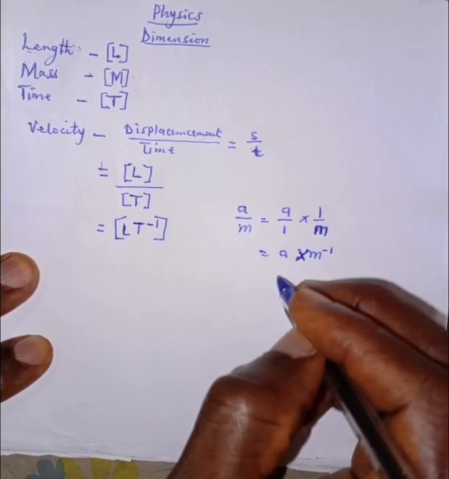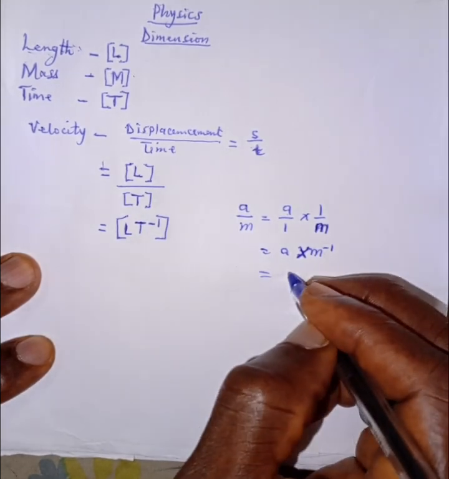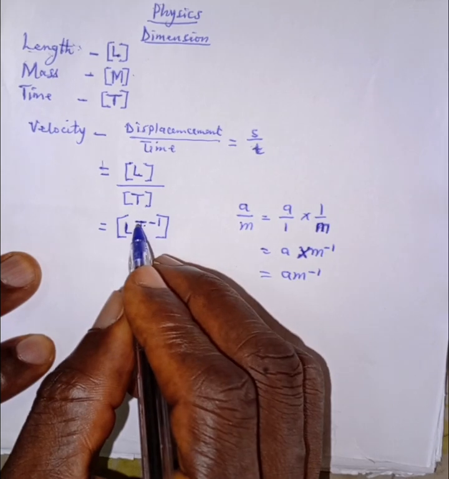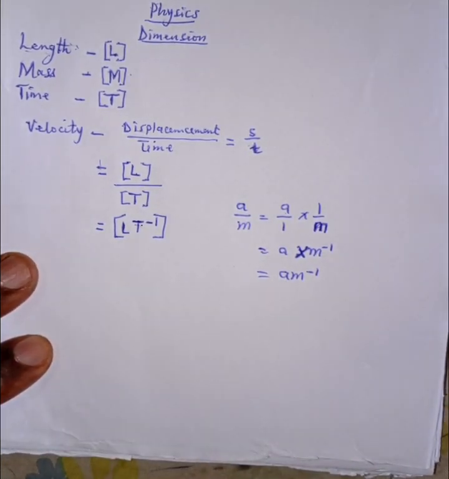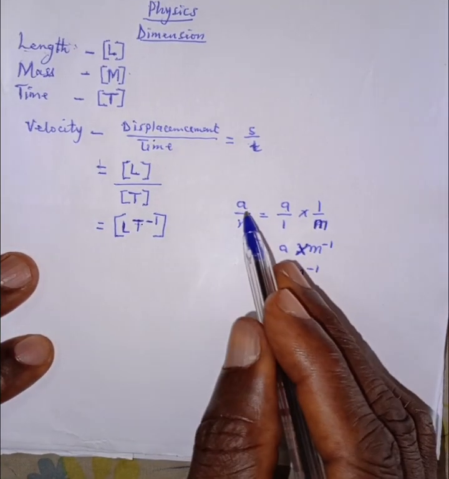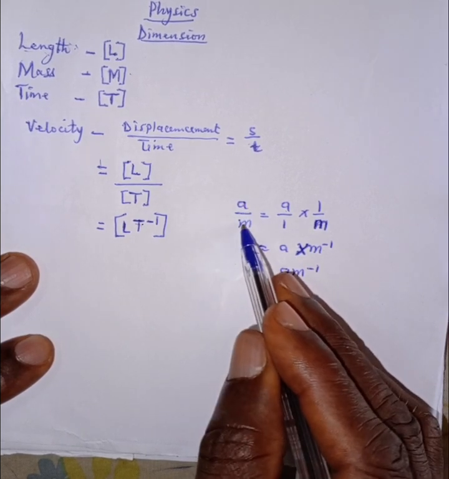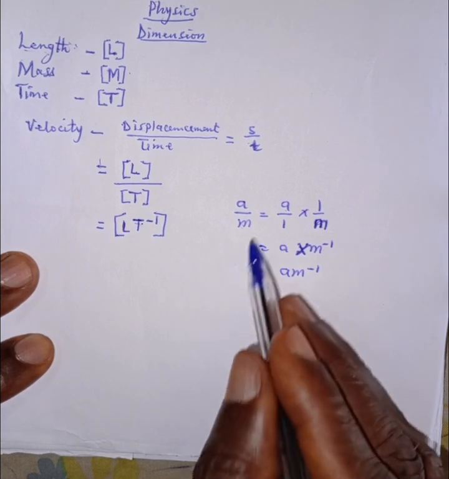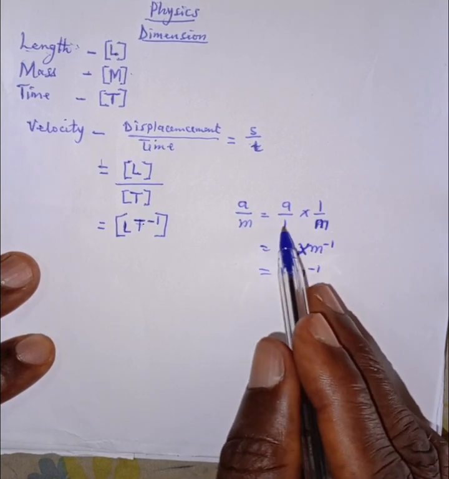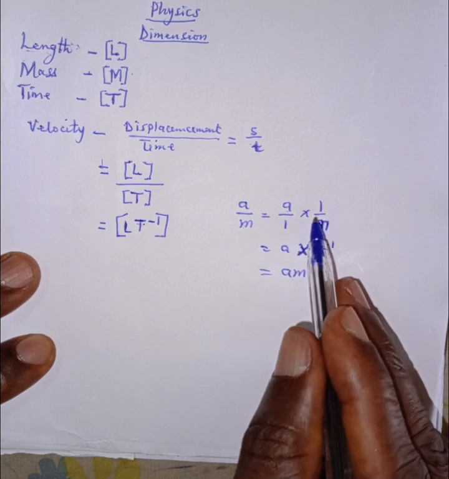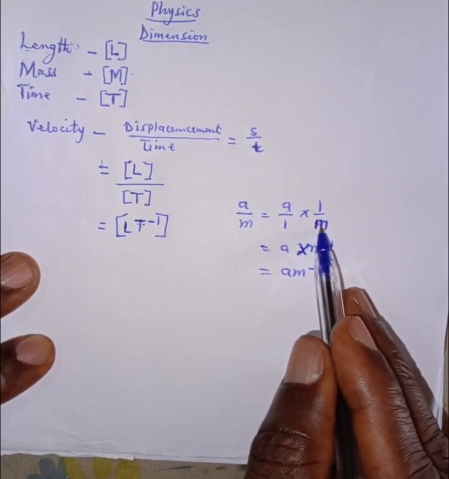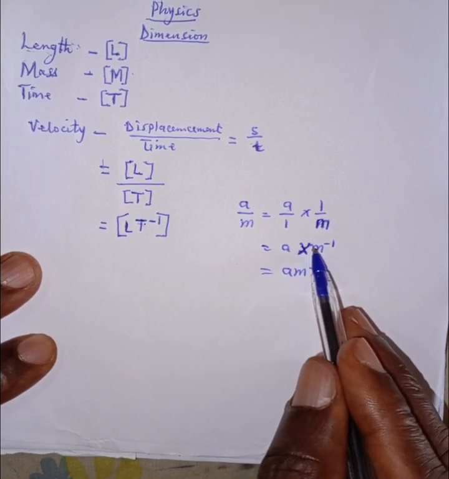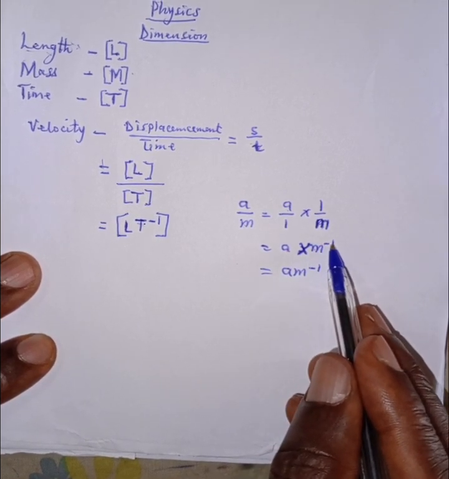A times M raised to power minus 1 is the same thing as A M raised to power minus 1. So that was what happened in this place. So I take it again. If you say A all over M, A all over M is the same thing as A all over 1 times 1 all over M, then you can now say A times M raised to power minus 1.